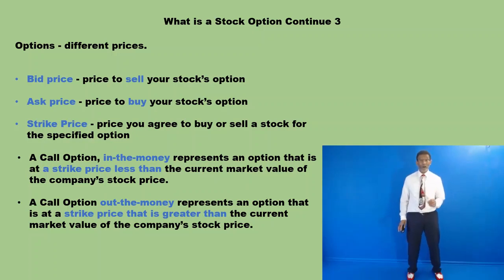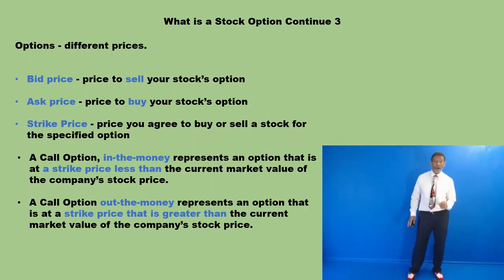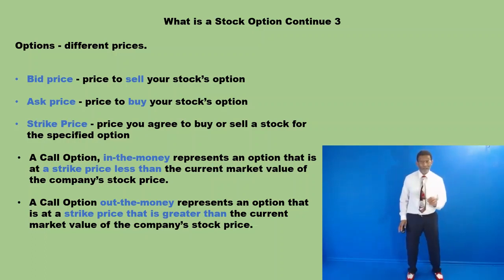Now, for the call option, in the money represents an option that has a strike price less than the current market value of that company's stock. And for a call option, out of the money represents an option that has a strike price higher than the current market value of that company's stock.